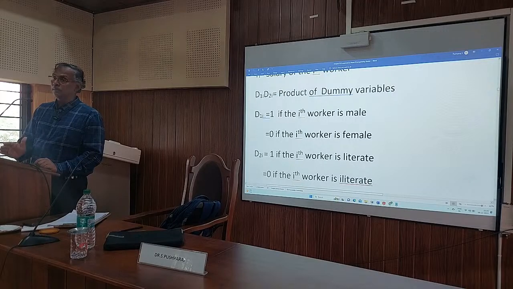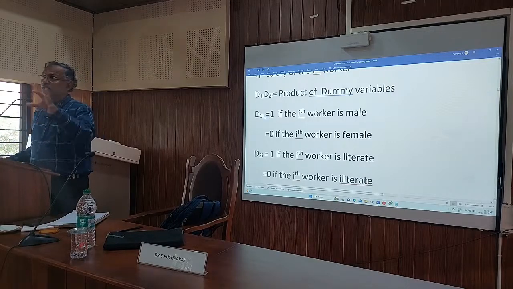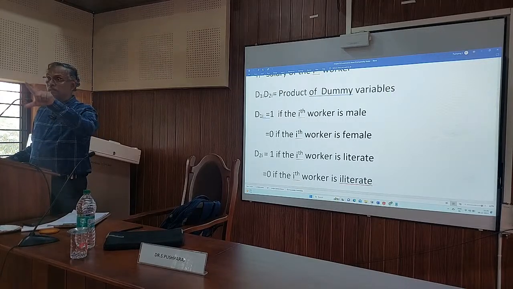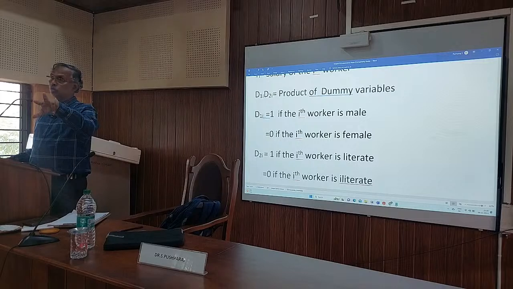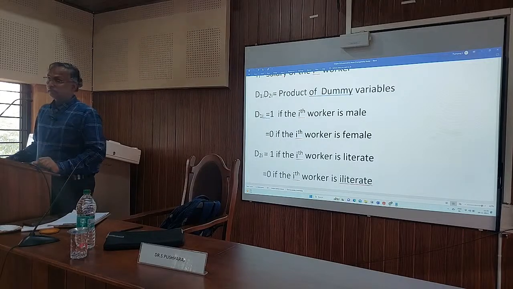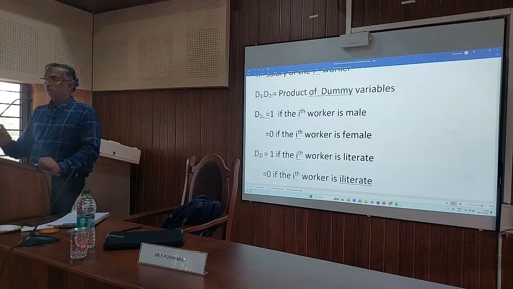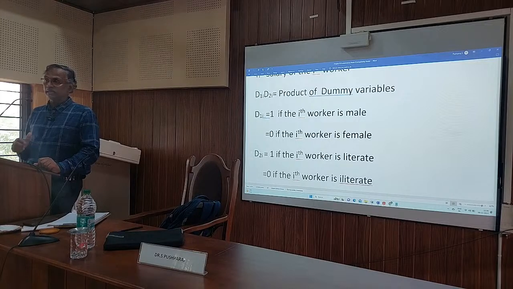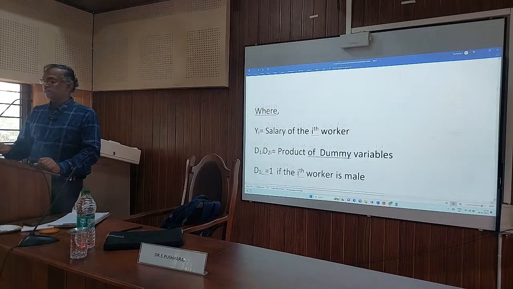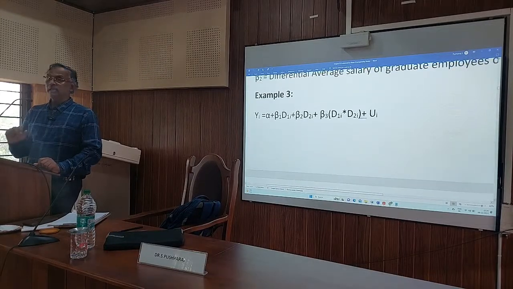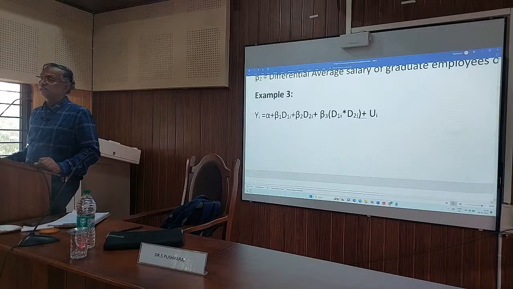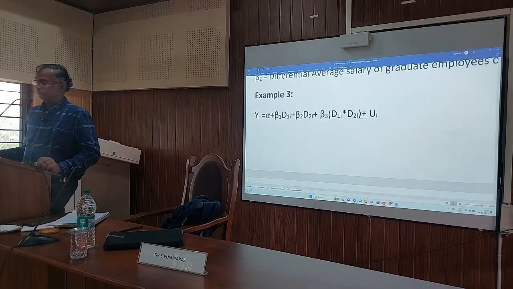Illiterate employee. Illiterate female is the base category. Get this point clear? Double excluded, right? Illiterate female employee is the base category, right? So alpha would represent the average salary of the illiterate female employees, right?